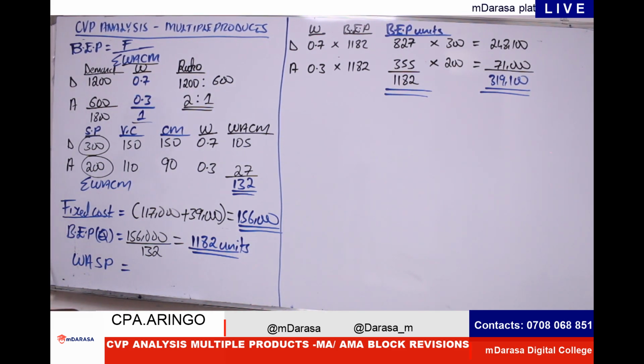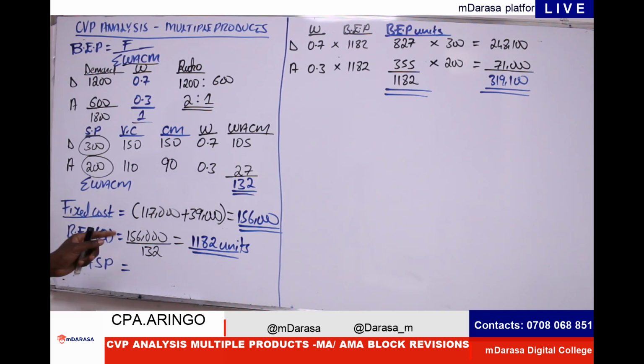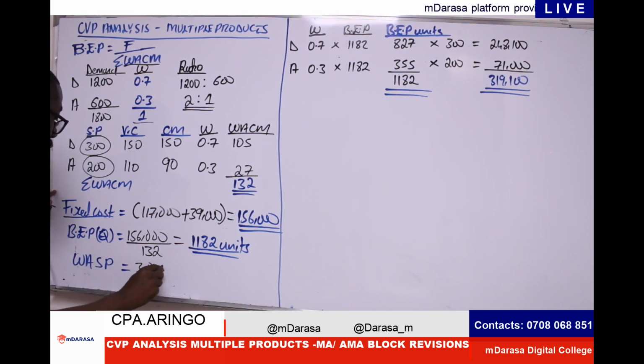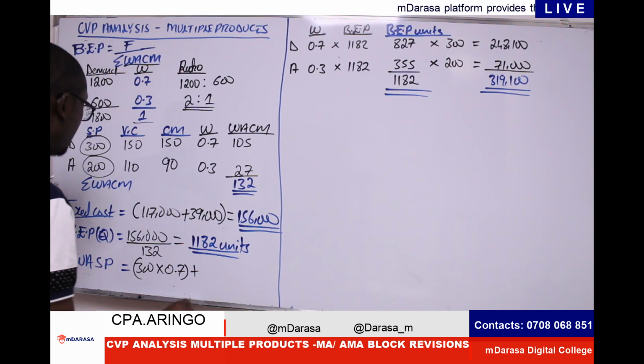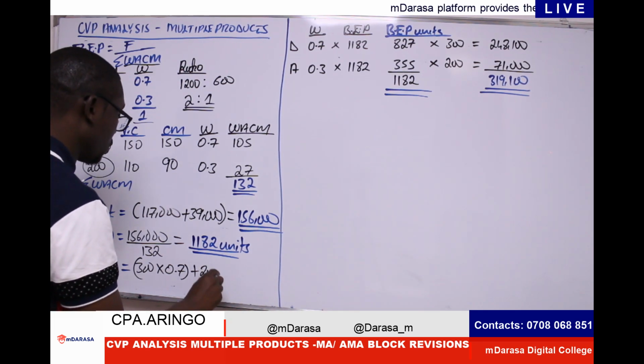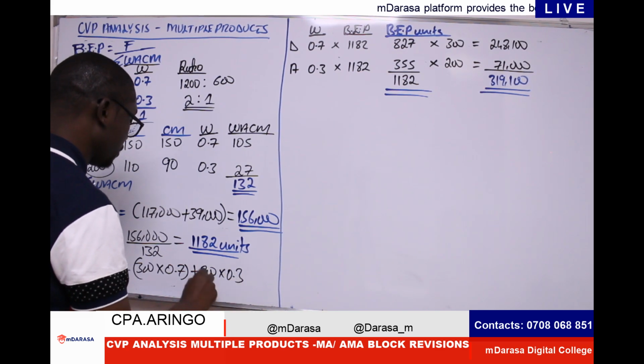We take the selling price of product D, which is 300, multiply by the weight of D, which is 0.7. We add the selling price of A, which is 200, times the weight of A, which is 0.3.